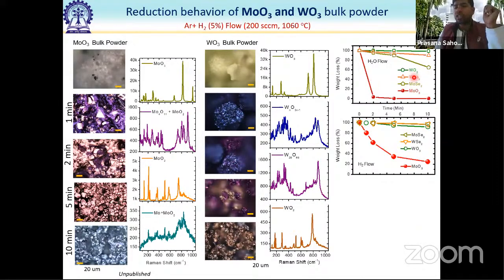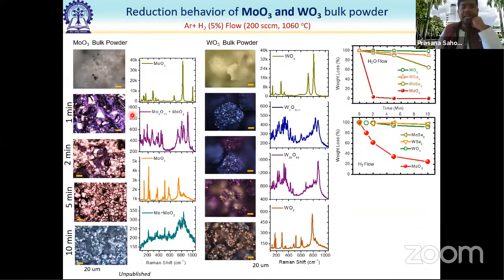But tungsten oxide is stable and doesn't evaporate at all, even at 1060 degrees Celsius. So molybdenum evaporates immediately, but tungsten doesn't evaporate at all. With hydrogen, molybdenum depletes rapidly, but tungsten depletes slowly. Because of this peculiar behavior, they contribute to the growth in a unique manner.